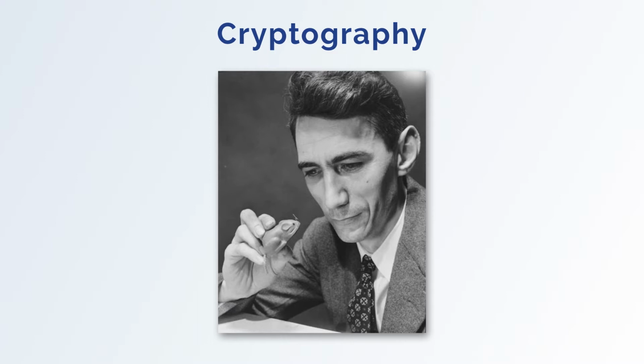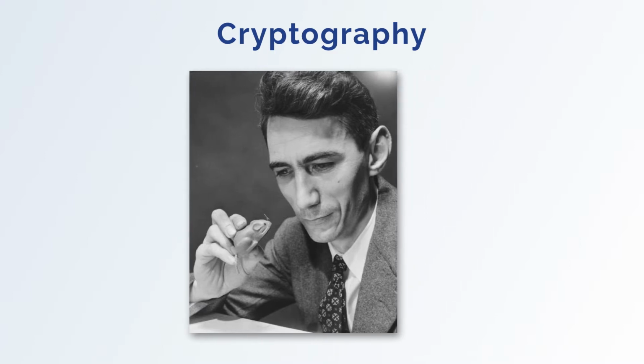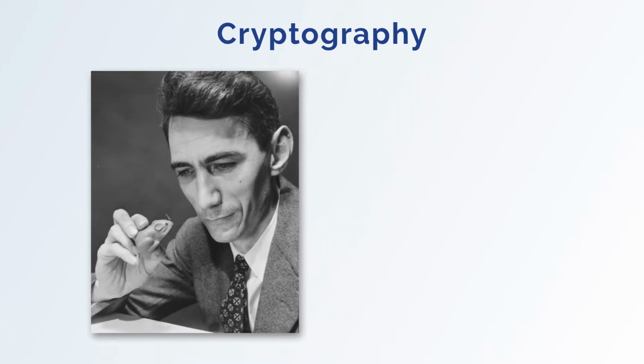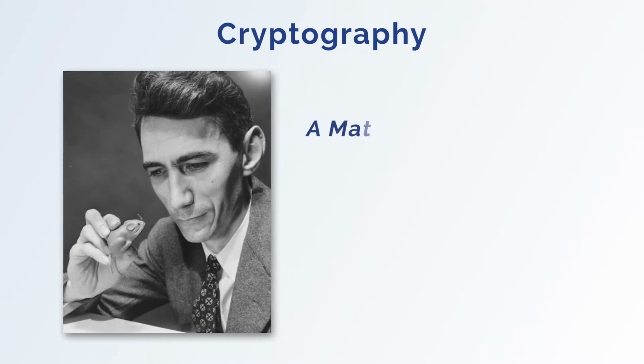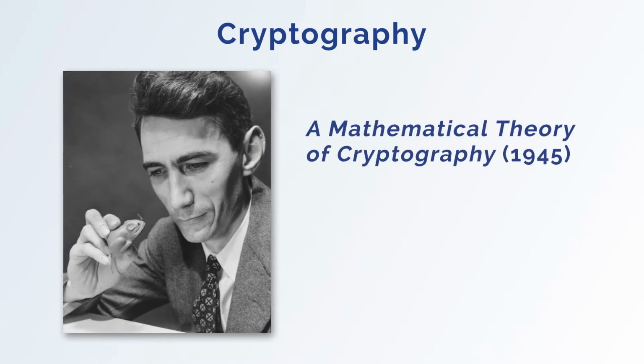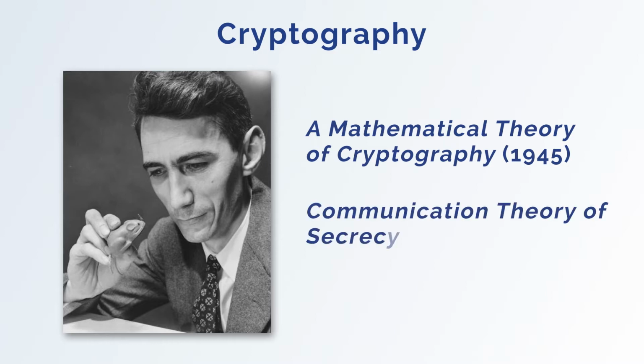Shortly after the war, the US government commissioned Shannon to evaluate cryptographic methods and to create an opinion as to the direction that modern cryptography should take. Shannon responded with two famous papers. The first, A Mathematical Theory of Cryptography in 1945, and then Communication Theory of Secrecy Systems in 1949.